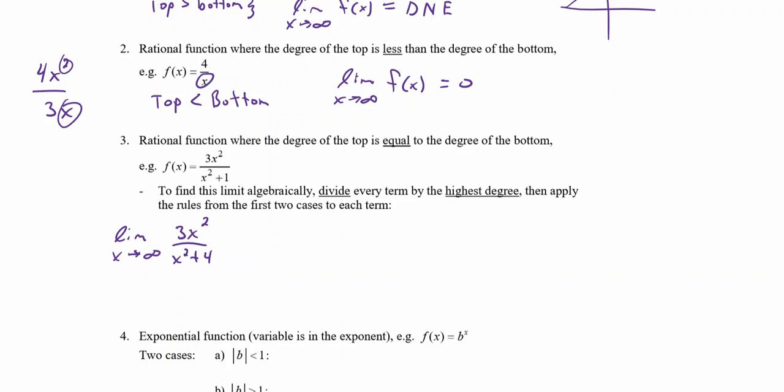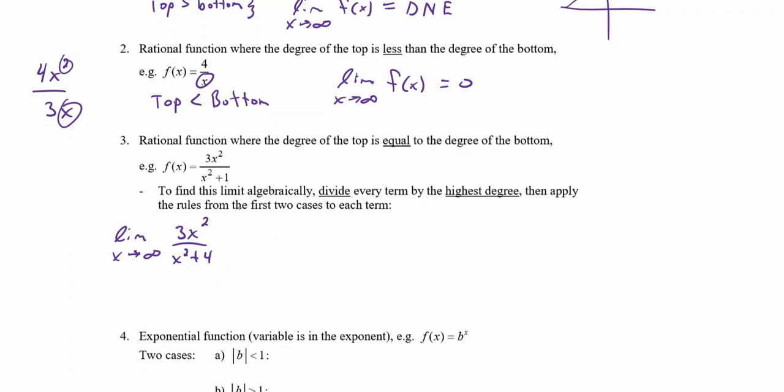To find the limit algebraically, technically the way we should be doing this, is we will divide every term by the highest degree, then apply the rules from the first two cases. What I mean by that, the highest degree here is x squared.